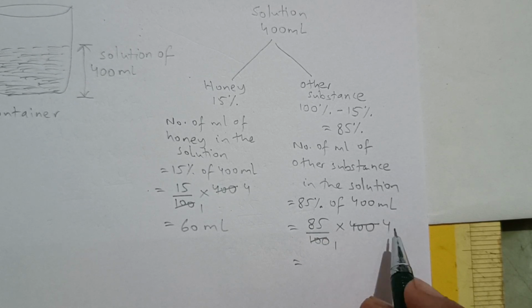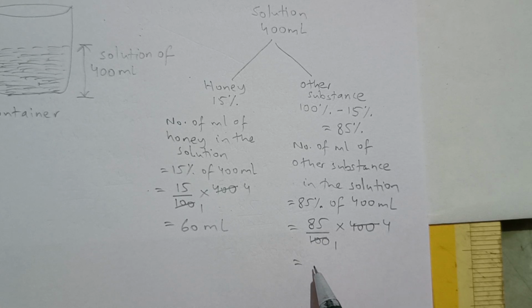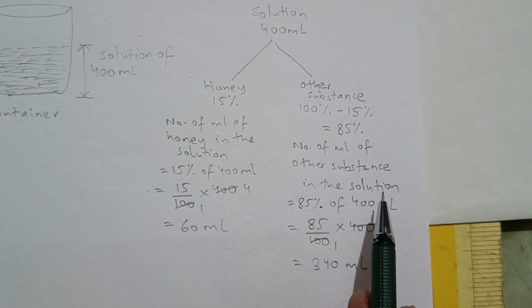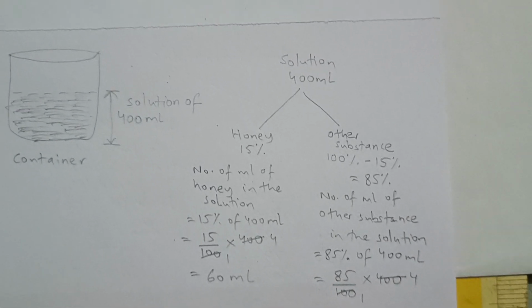So 85 into 4 is 340. So the number of milliliters of other substance in the solution is 340 milliliters.